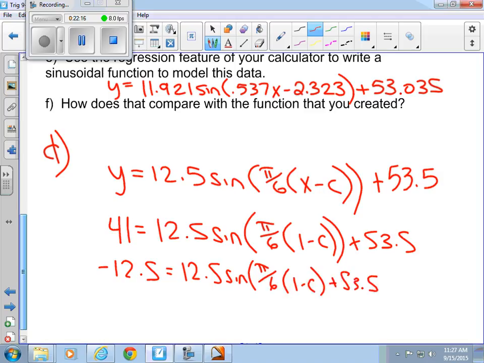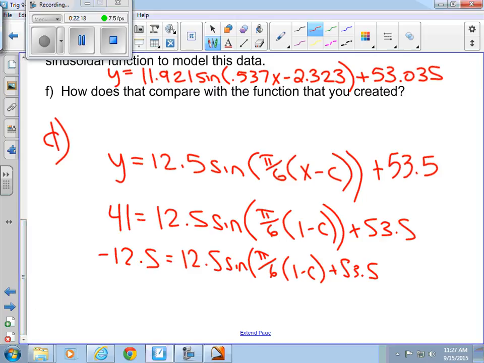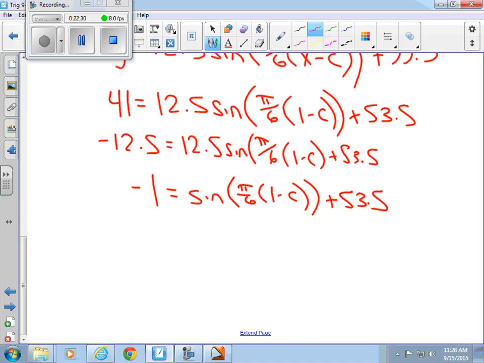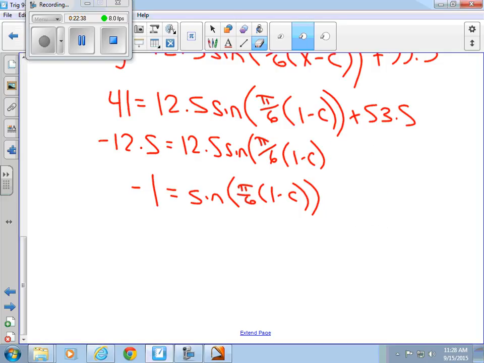And how do you get rid of the sine? Inverse sine. Sine inverse of -1 is going to give you negative pi over 2 in your calculator. Y'all all know why your calculator is giving you pi over 2 for that, right?